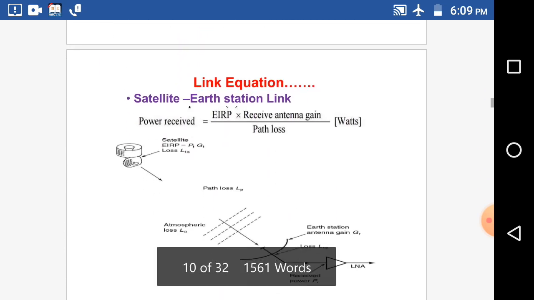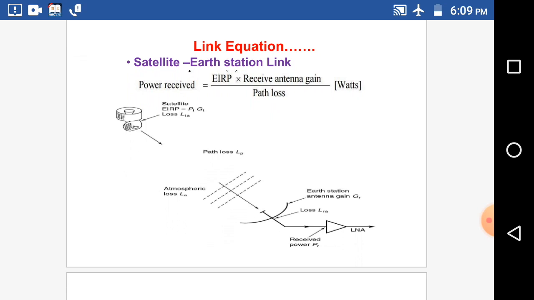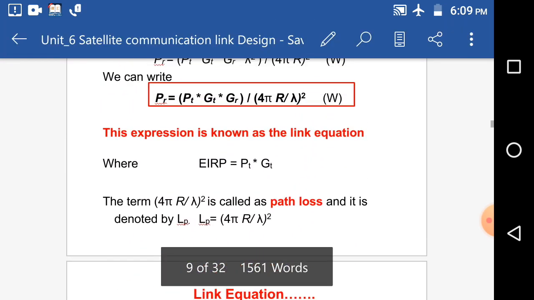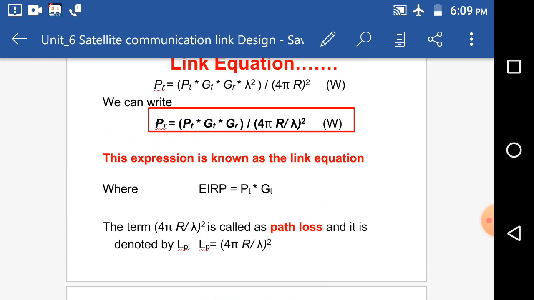Now this is the final link equation of a general communication, but we want to see the link equation between a satellite and a transmitter, a satellite and a receiver. For that purpose we will use one downlink.